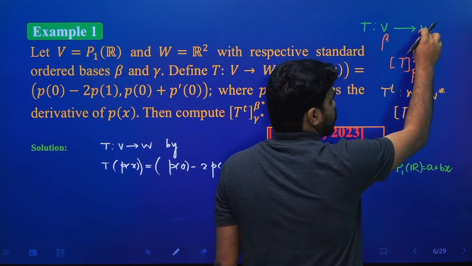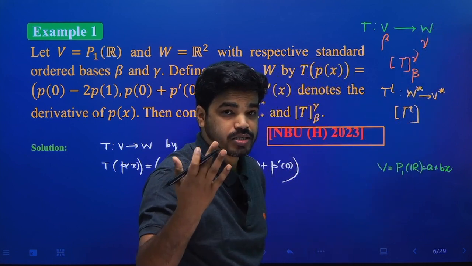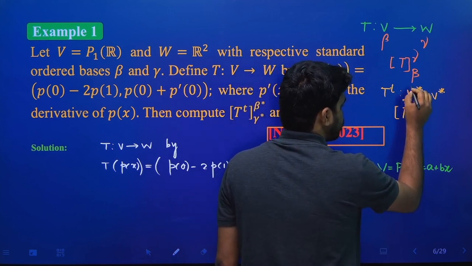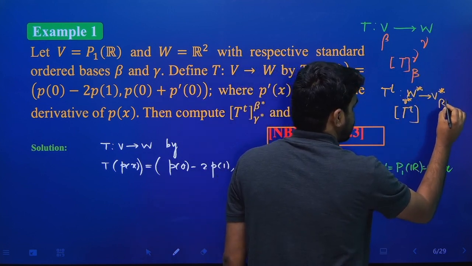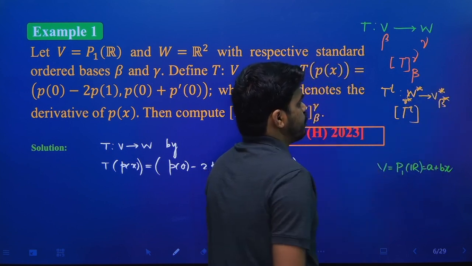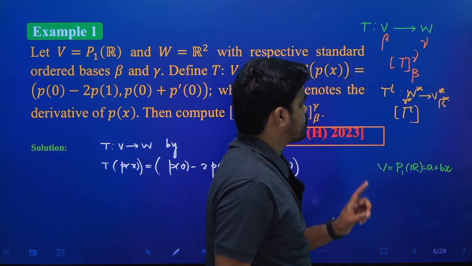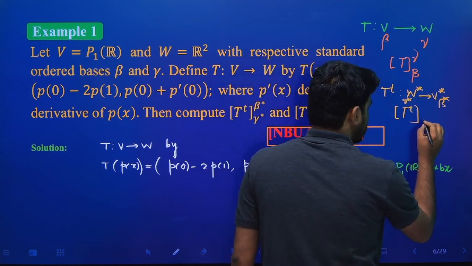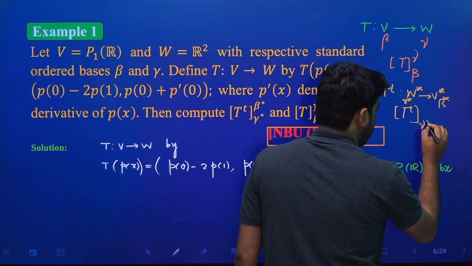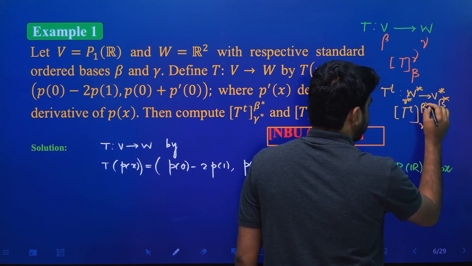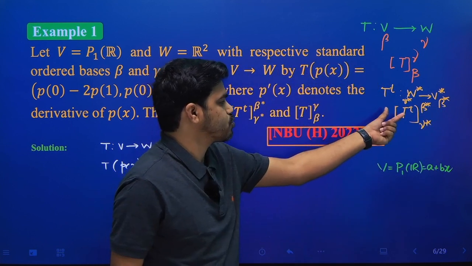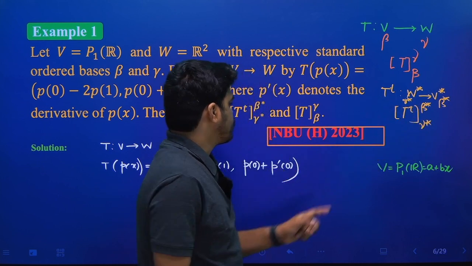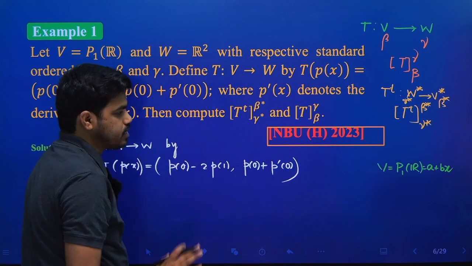Gamma is the basis for W, gamma star, that is the dual basis for W. So gamma star is the basis for W star, and beta star is the basis for V star, that is the dual basis of V. So T transpose from gamma star to beta star. Getting my point? That is the matrix representation of T transpose from gamma star to beta star.